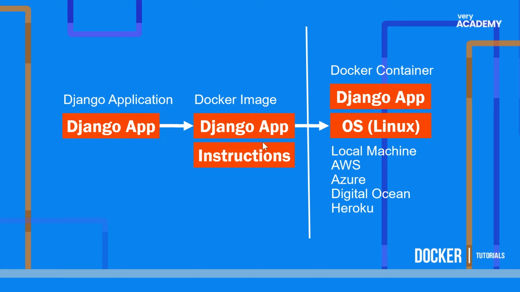So we can build a consistent environment from the local machine all the way over to the server. So essentially what we can do is we can configure and set up Django within our container in our local machine, and then we know that when we deploy it on any of these services, it's going to work exactly the same. Or at least that's the general idea.